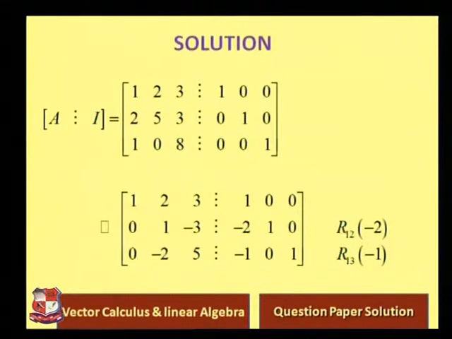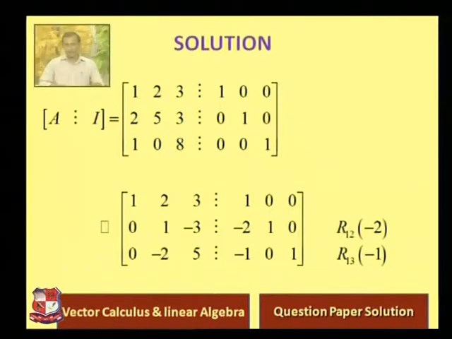Now apply row operations and convert this A into the identity, and in parallel the identity converts into another matrix, which is called A inverse. So we apply the operations. First find the leading one, and already here the leading one is 1.